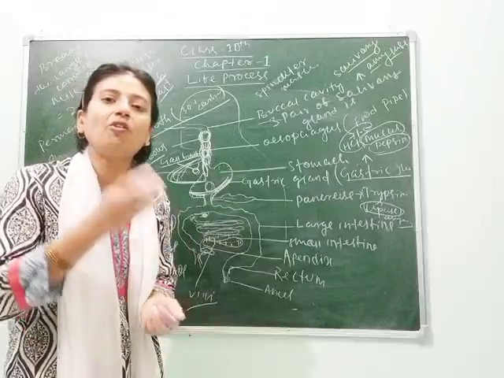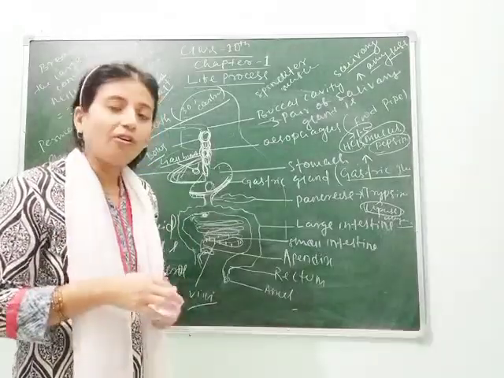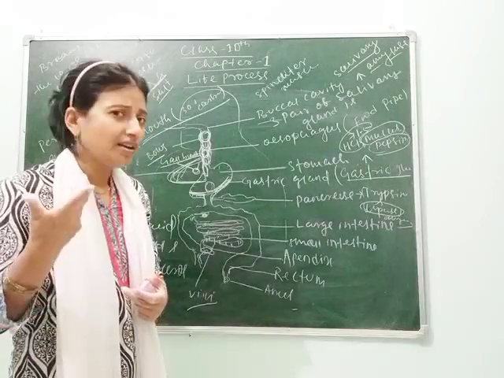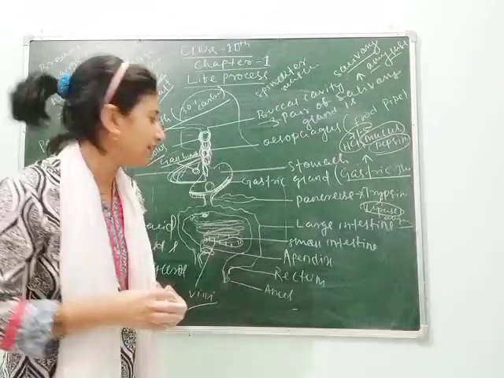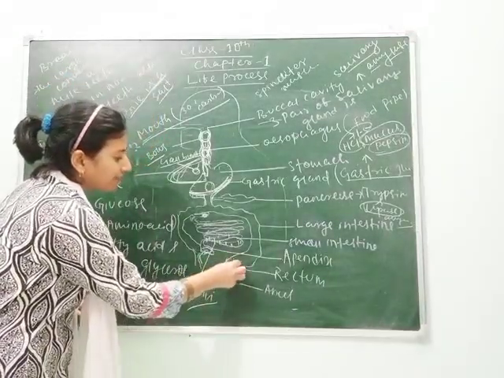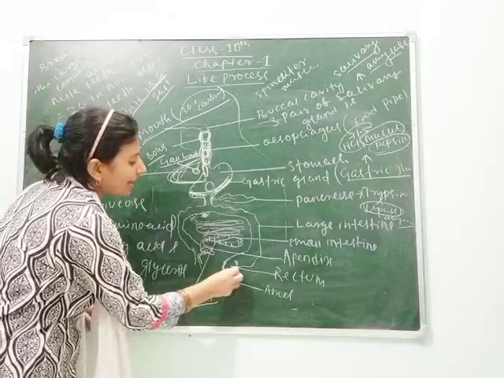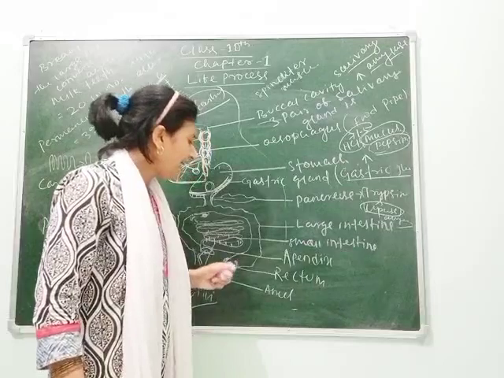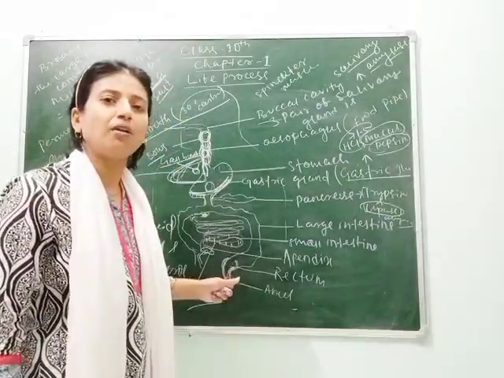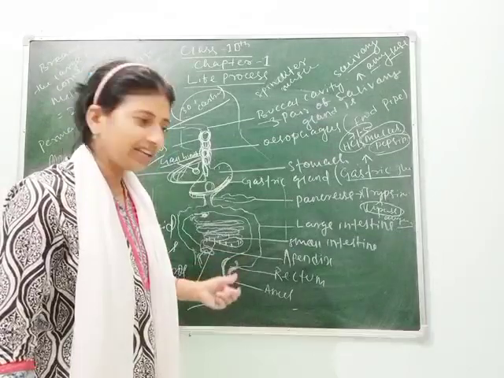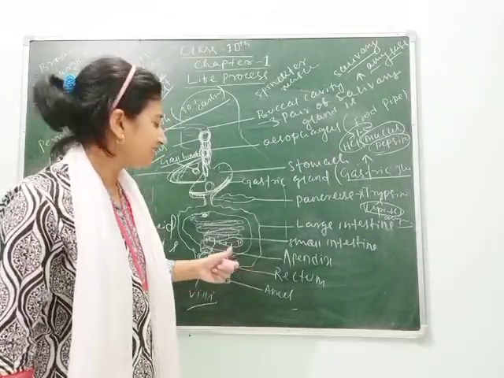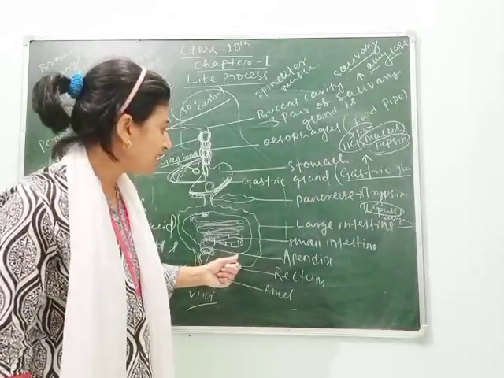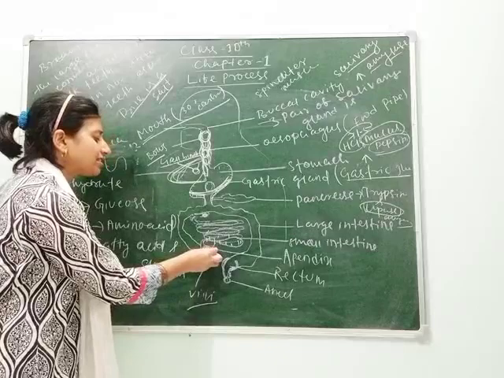And after absorption, the undigested fecal material, which is called feces, or in Hindi we say poti, is stored in the rectum and comes out through the anus. While it is stored in semi-liquid form and comes out through the anus, it is called bowel movement. Early in the morning we go to release this fecal material through the anus, and this movement is called bowel movement. Clear students?